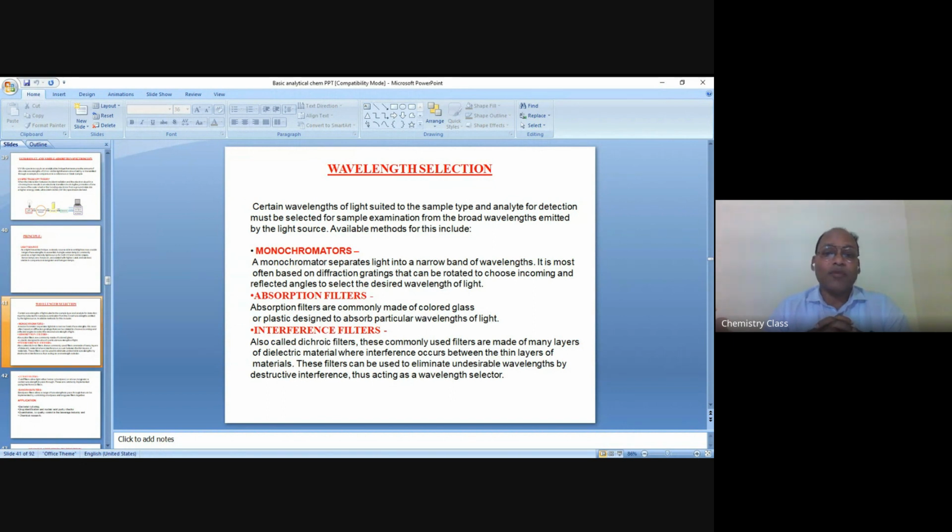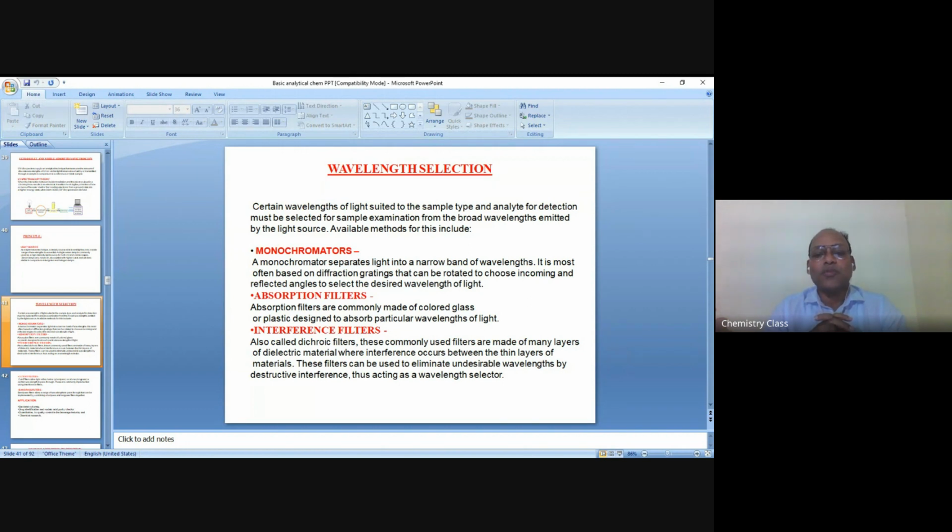A monochromator separates light into a narrow band of wavelengths. Narrow band means a very small size, very small thickness, and that band is obtained by using monochromators. Most often it is based on a diffraction grating that can be rotated to choose the incoming and reflecting angles to select the desired wavelength of light.